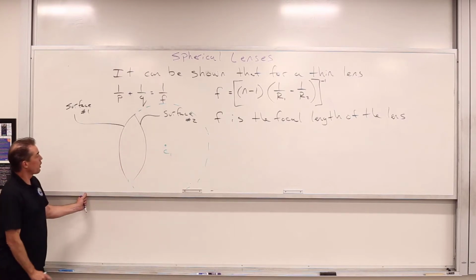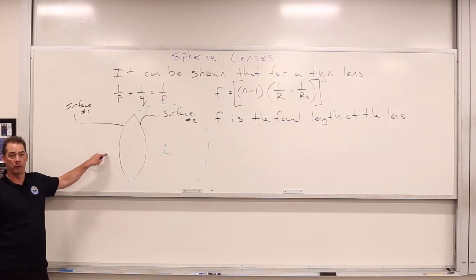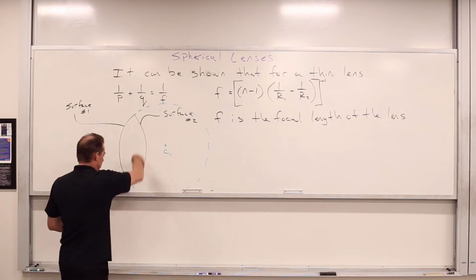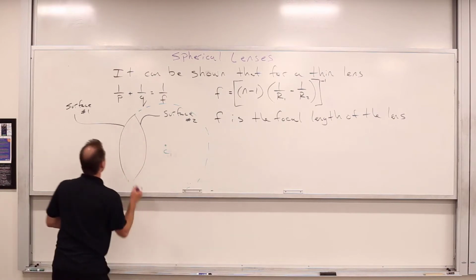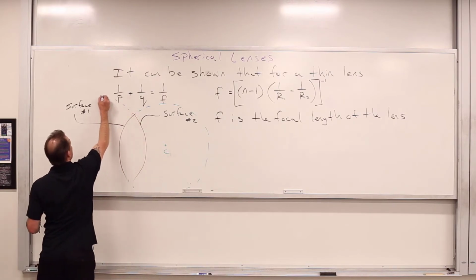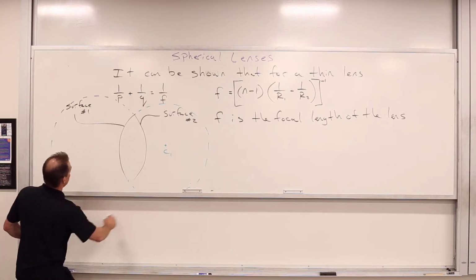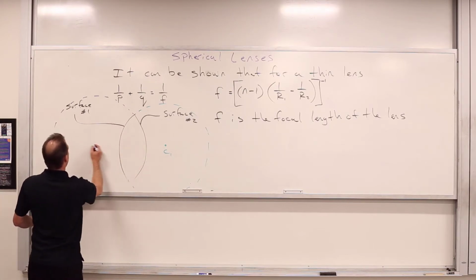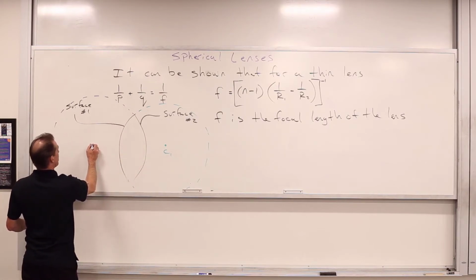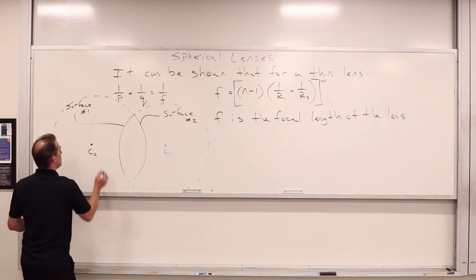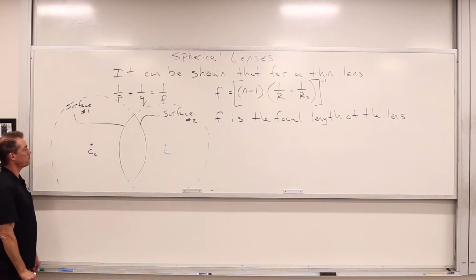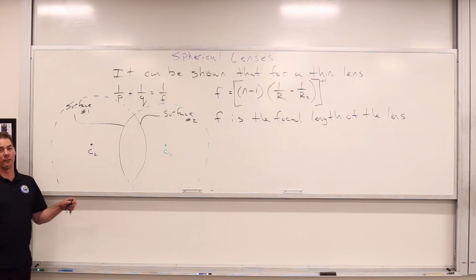That would be the center of curvature regarding surface number 1. And then we've got this other surface over here, surface number 2. It's spherical as well. Maybe it traces back around there. And we've got its center of curvature over here, C2. So we've got these centers of curvature.